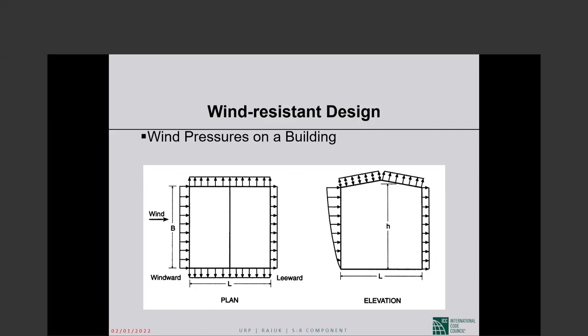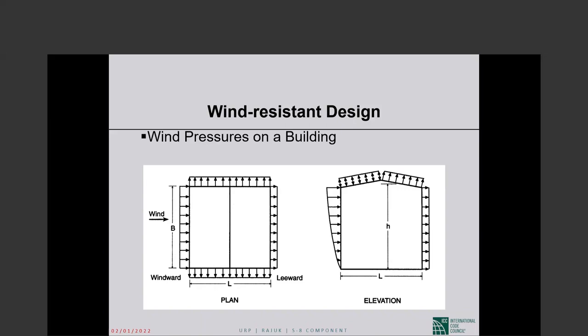Okay, I think it is time. So we talked about variation of wind pressure on a face of a building. We are now looking at wind pressures on a building. The main point that I would like to make here is that the velocity of wind, as we have discussed, varies with height above ground level.